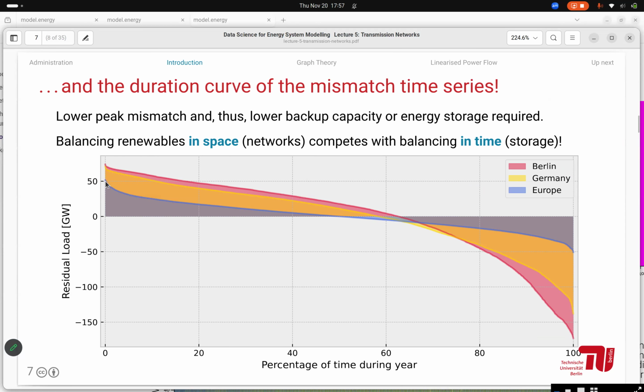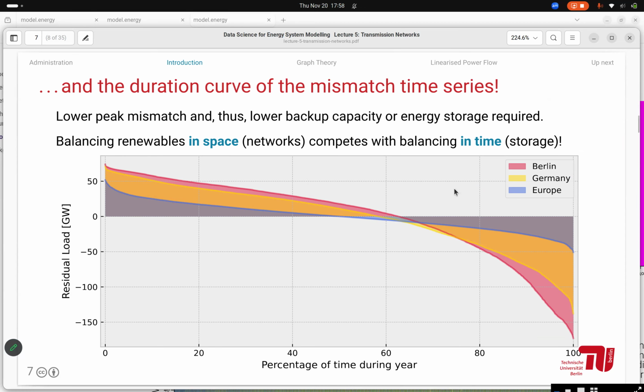Well, especially in the ends here, I can see that if we aggregate over Europe, the load duration curve is much smoother. So the differences between the highest excess and the highest shortage, so this would be the shortage, this would be the highest excess, are much smaller than if I look at more isolated regions.